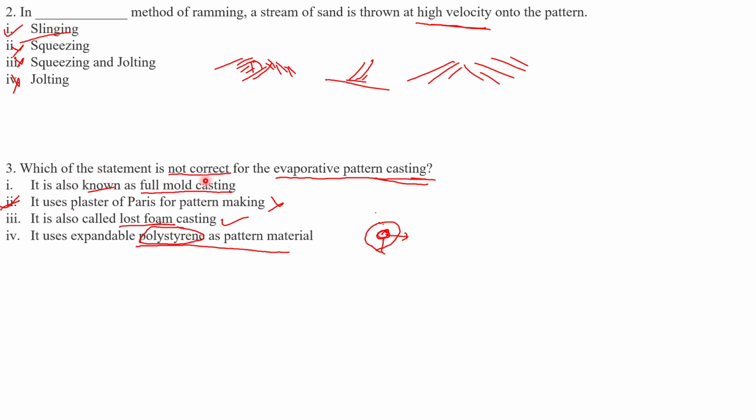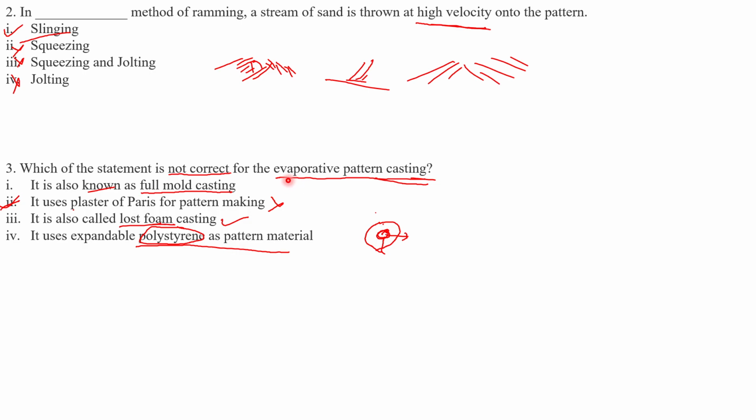Then, which of the statements is not correct for evaporative pattern casting? The answer was it uses plaster of Paris for pattern making, because when we are talking about evaporative pattern casting, we talk about generally investment casting or full mold casting type of material, and we generally want a material which can be easily evaporated when we pour the molten metal into our casting pattern.